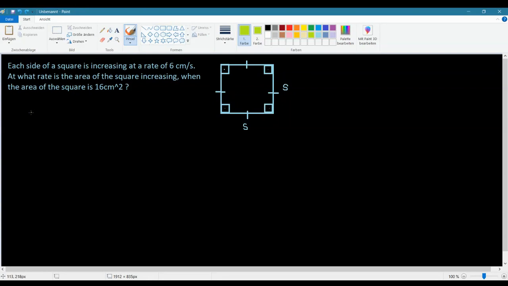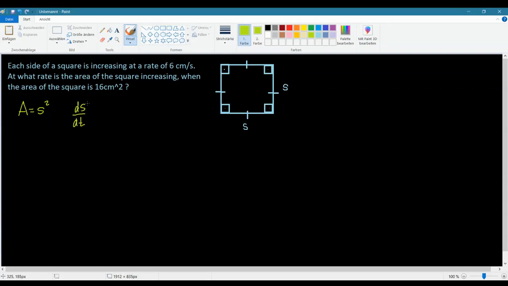Well, the most general thing that we know right now is that a square is one side times the other side, which is the same, so it's s squared. And we know the rate of change of one of the sides. So that's ds by dt, right?